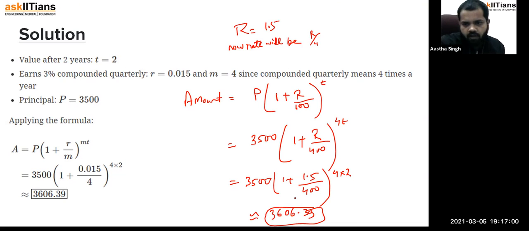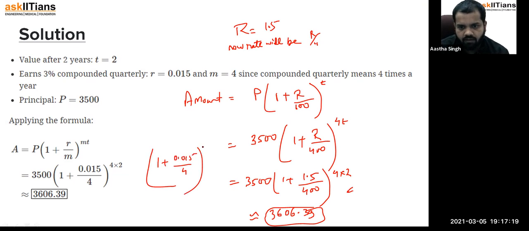So guys, I think you will find some issue by solving this. Let me just show you how the approximate value is calculated for this one, right? 1 plus 0.015 divided by 4, to the power 8. This is what is written in your bracket, right? If you go to solve this, you will find some difficulty.